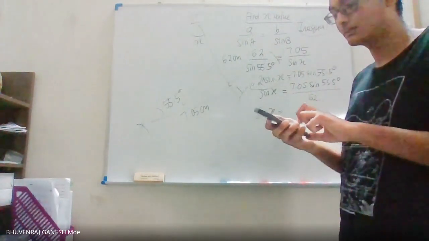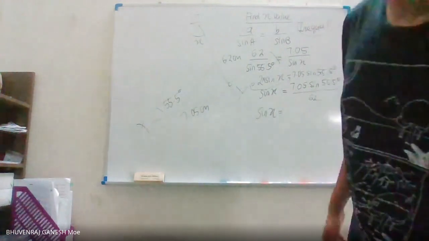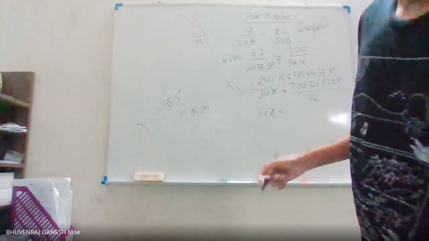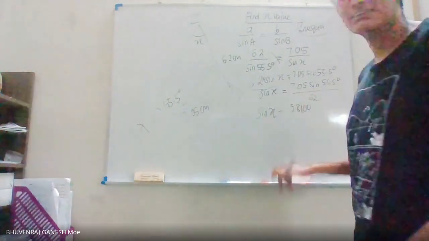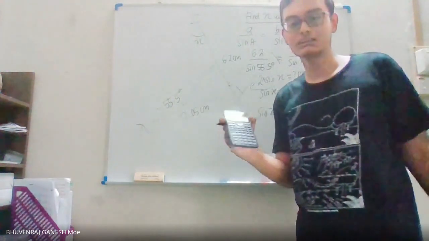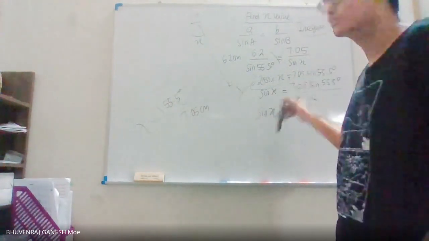You press it in your calculator. 7.05 times sine 55.5, you get 5.8100. Later, when you get back your calculator, don't delete the value after you get it. Just continue the whole thing using this value.